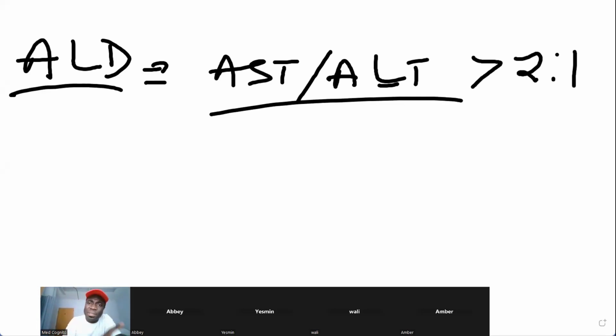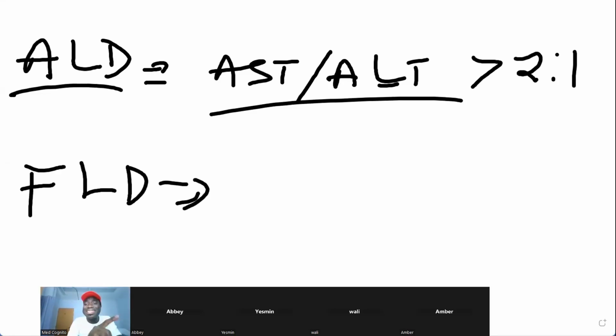Okay, Doc, what about the hepatic fatty liver disease? Any idea? Who knows? What's the relation between AST and ALT? So that if you are presented with a case, you can be able to tell that with the AST level and the ALT level, this is alcoholic liver disease, this is fatty liver disease, because this is what you must know. Can anyone help us?